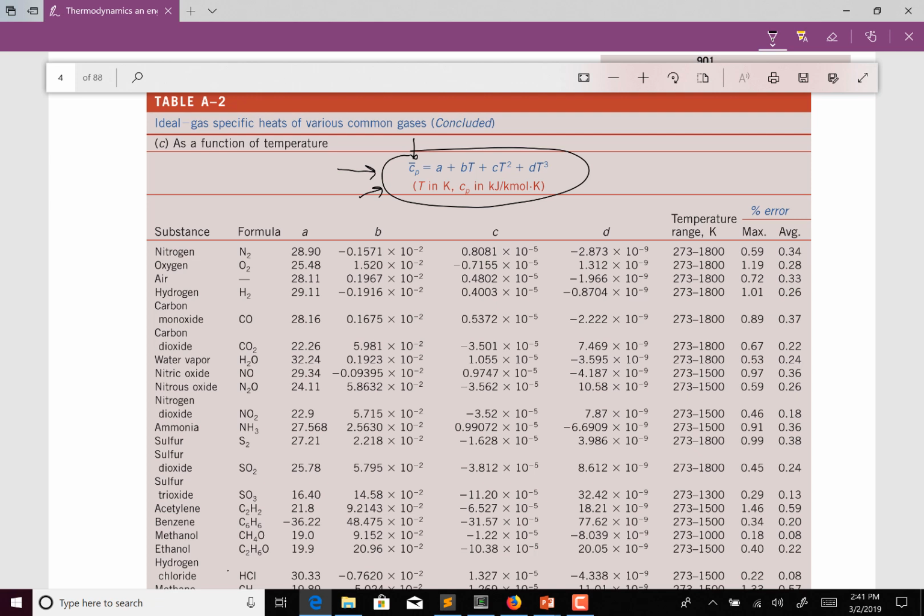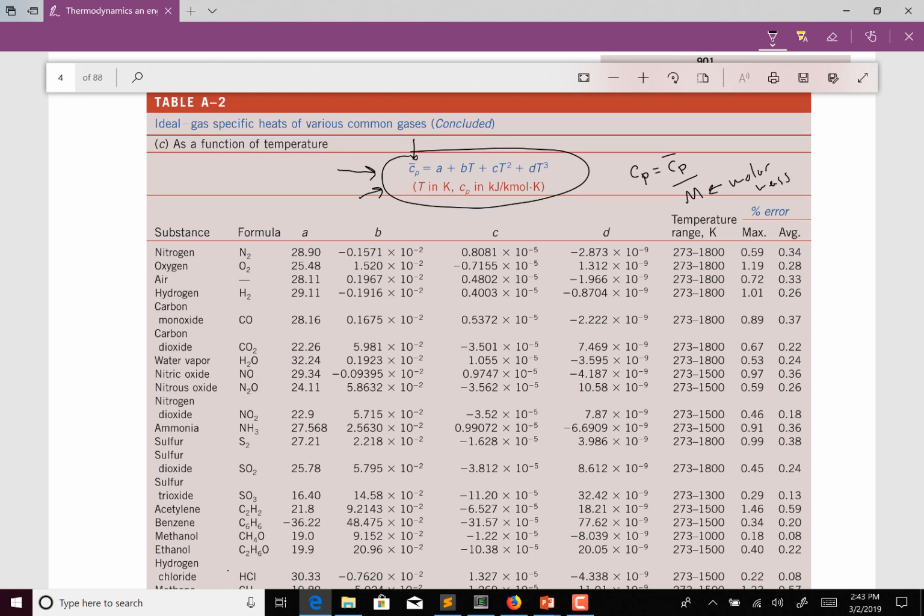So to get C sub P, we need this relation, C sub P bar over the molar mass. So this is the molar mass. So this relation is good for low pressures, and it can be used for moderate to higher pressures as long as the gas doesn't deviate significantly from ideal gas.